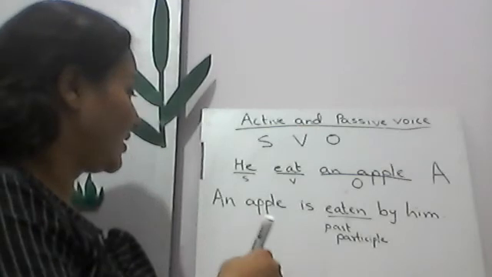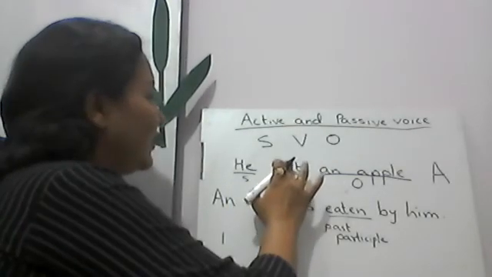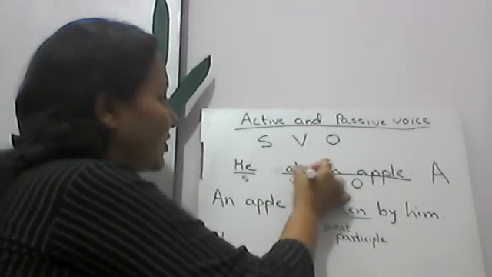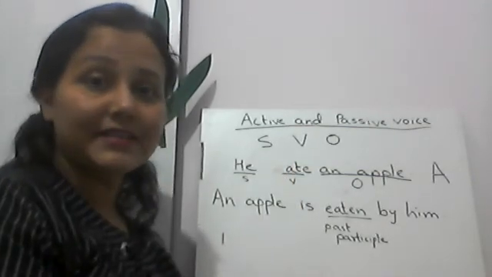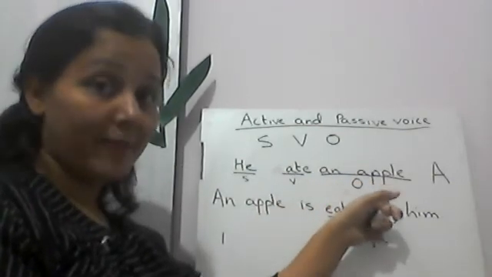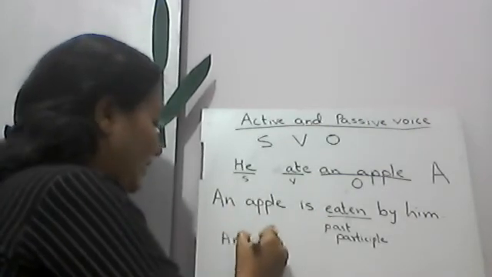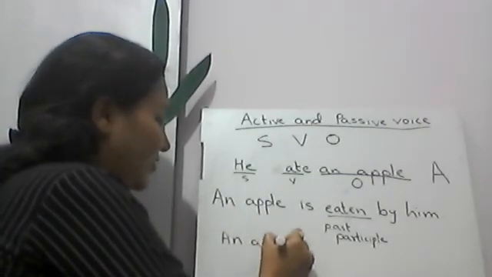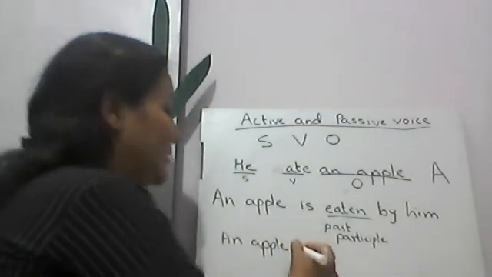Okay, if I write here ate. Now this ate means what? Simple past tense. So now in the passive voice, what will happen? An apple is will change into was.